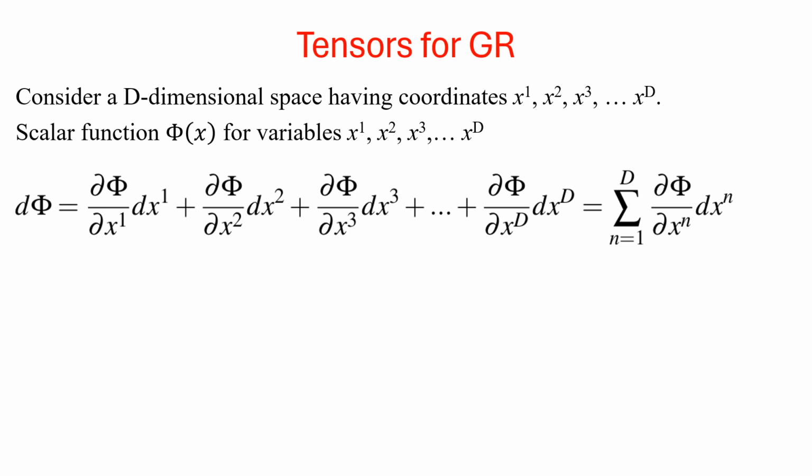Now d phi can be written as a rate of change of phi with respect to the first variable x1 into the change that you are considering dx, and so on and so forth for the number of dimensions involved, and you can represent the same thing in the compact form using this summation notation.